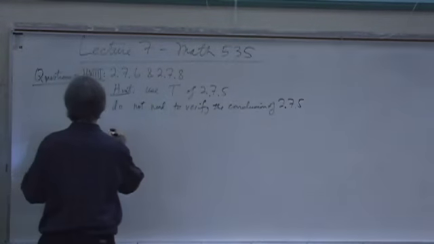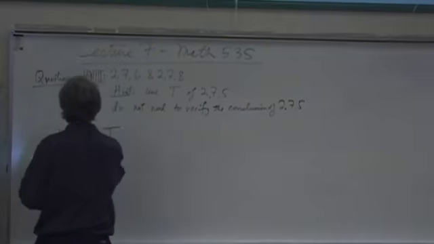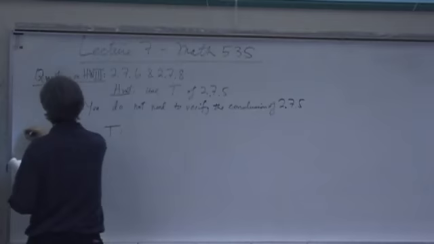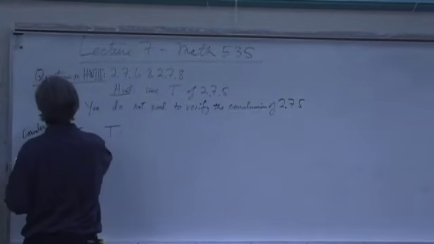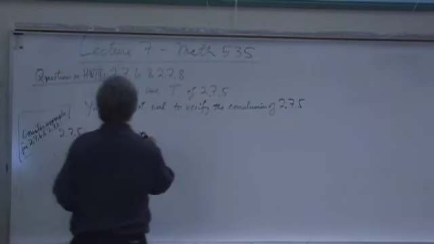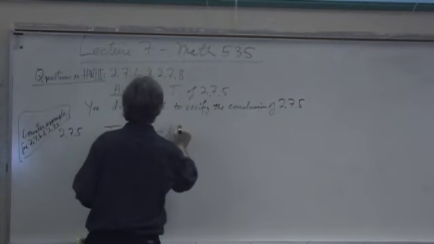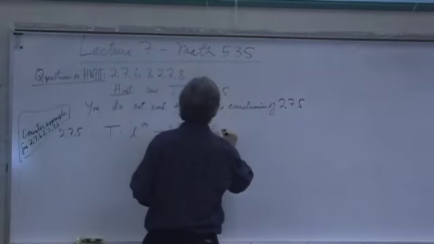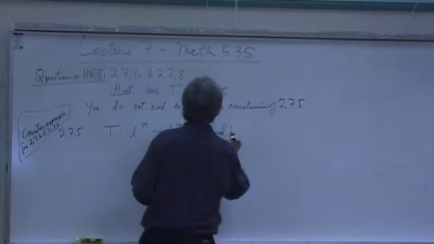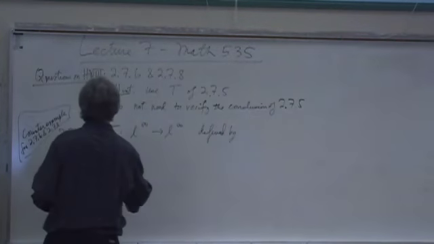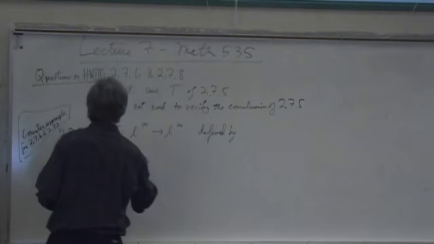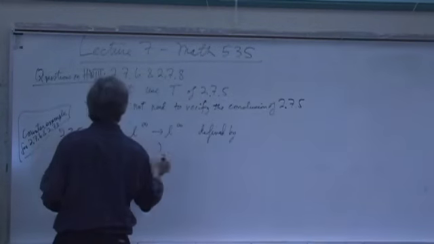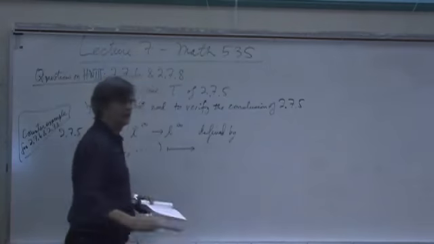The counterexample is T for 2.7.6 and 2.7.8. 2.7.5: T, L infinity to L infinity, defined by: you take an element of L infinity, which is an infinite sequence that is bounded, and you map it to another infinite sequence.